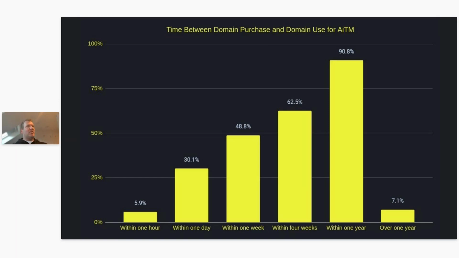I think we made the comment in the blog post that if you were to block all domains registered within the space of a year, then you'd have blocked 90% of adversary in the middle attacks. Obviously, you'd have blocked a whole bunch of other stuff that users and people legitimately want to access.